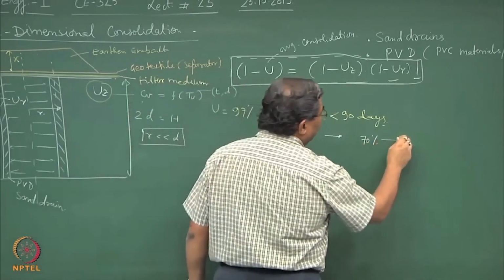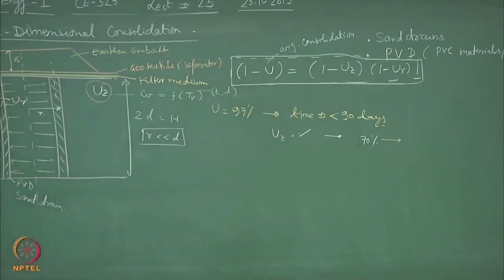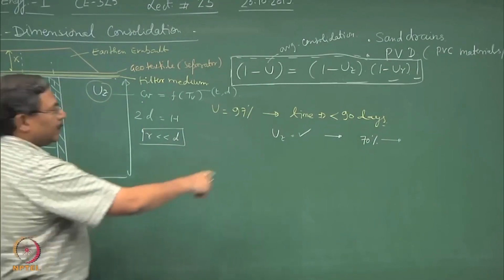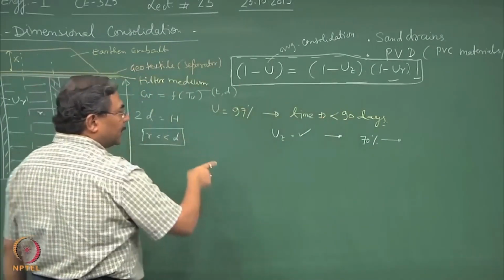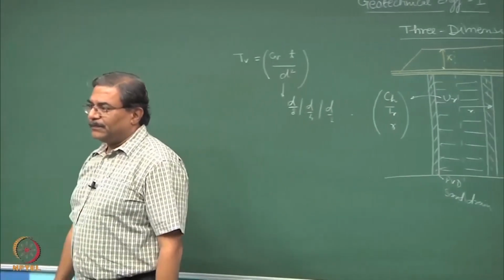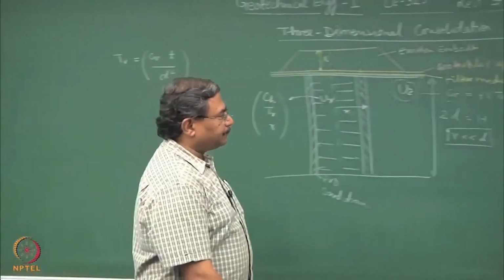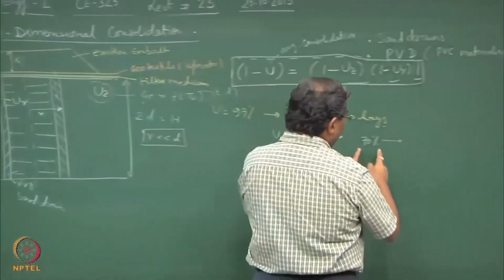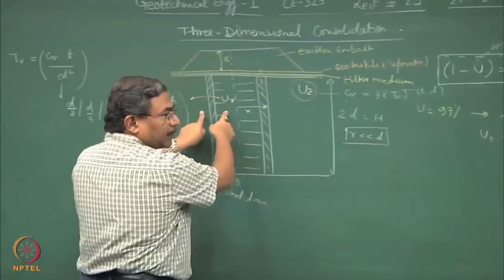This 70% I will be attaining after, let us say, 2 years. So, a good design problem can be created out of this by saying fix the time, and within this duration let me see how much vertical settlement I could attain, and rest of the settlement I will attain with the help of 3-dimensional consolidation. Is this okay? This is how the design is done. So, the remaining portion of the settlement is going to be now taken care of by UR.